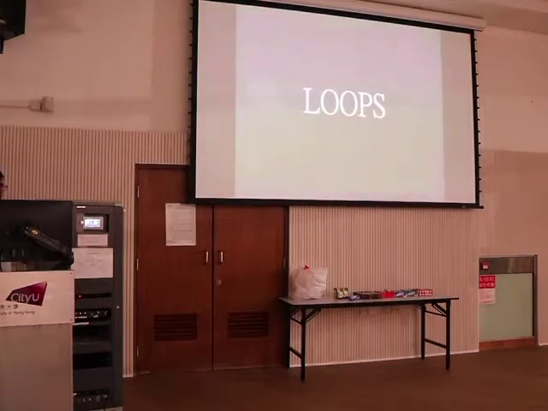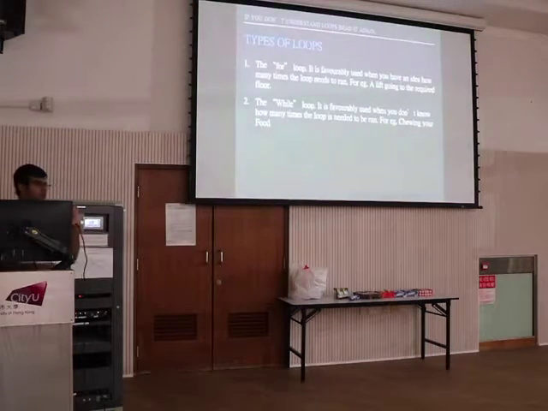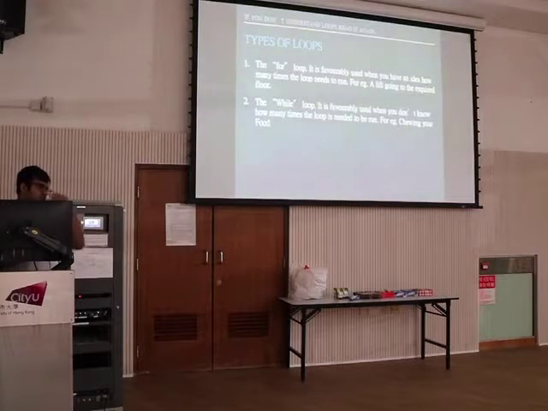So let's go to loops. Loops are also one of the most used things in a lot of programming languages. And Python has two loops, one being the for loop and another being the while loop. There are some disadvantages and advantages to both.